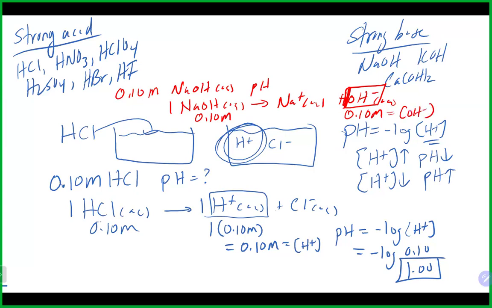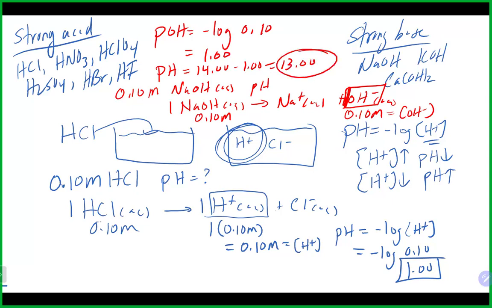The difference, though, is because this is a base, we cannot get the pH directly from the OH minus concentration. So we get the pOH first, which is minus the log of 0.1. And that will give me a pOH of 1. And then we can subtract from 14 and get our pH of 13, which makes more sense as we're talking about a base in this case.